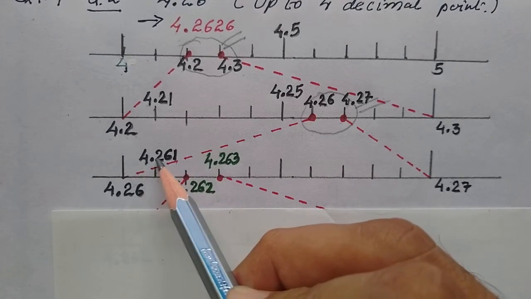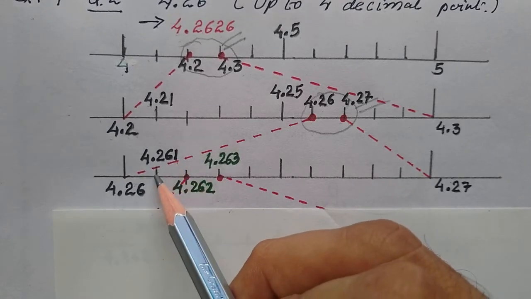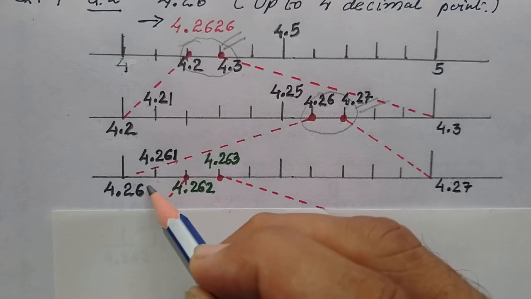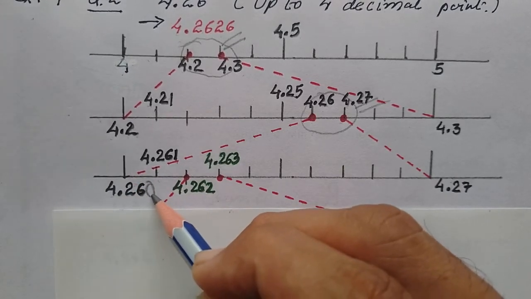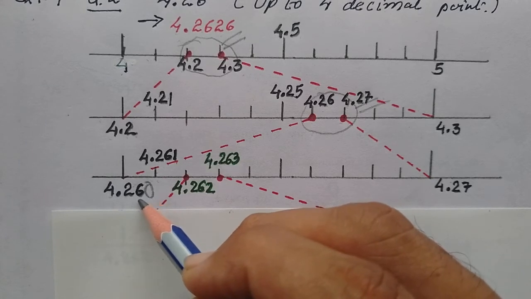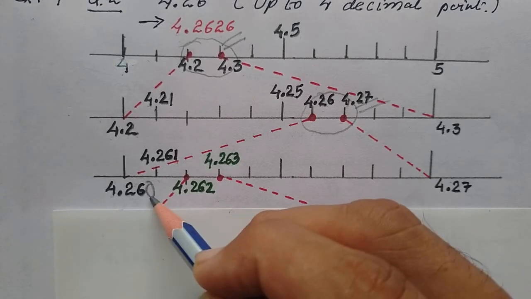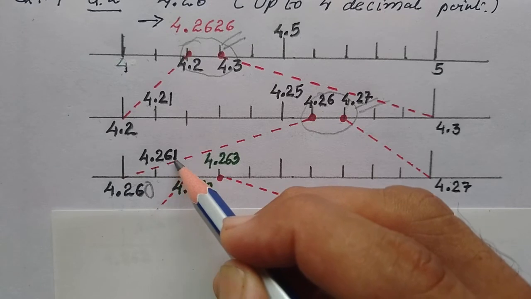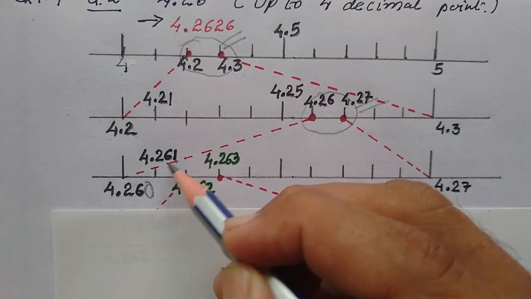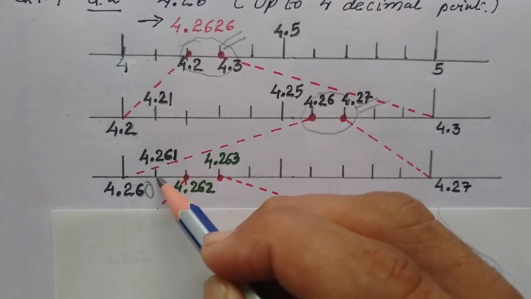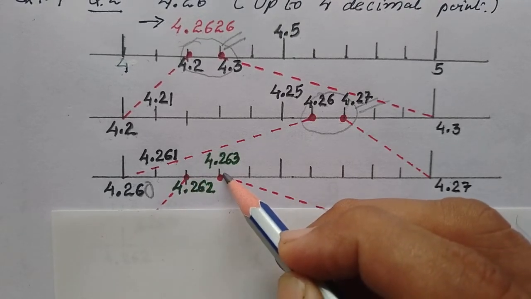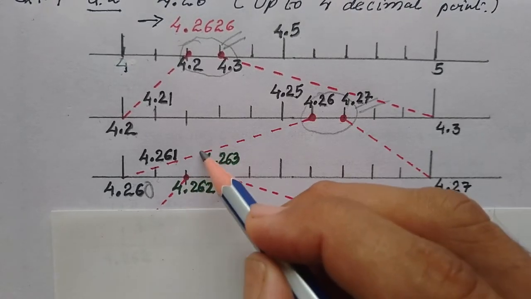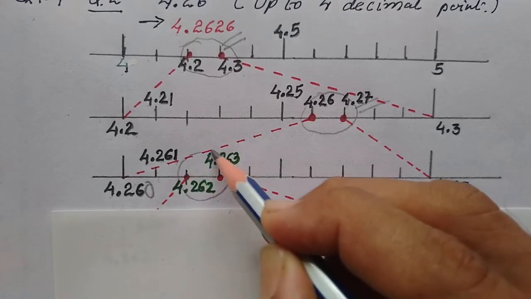This is 4.261, this point. This is actually beginning with this 0. Okay, this is 4.260. We cannot speak, but suppose we want to speak, this is 260, so here you can speak 261. Okay, so 4.261, this is 4.262, this is 4.263, and now we will magnify this portion, children.